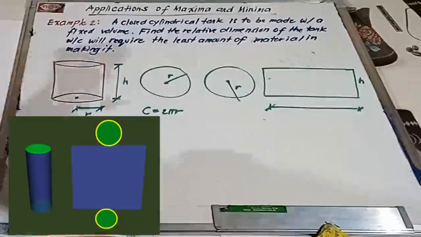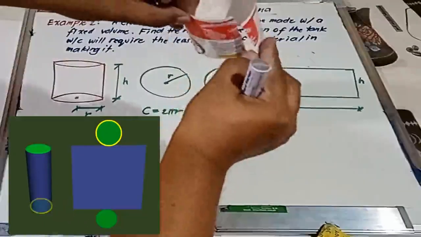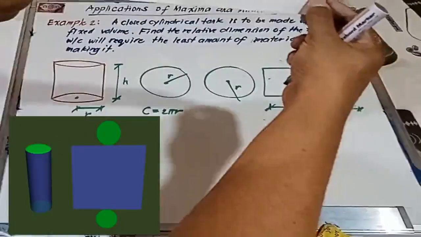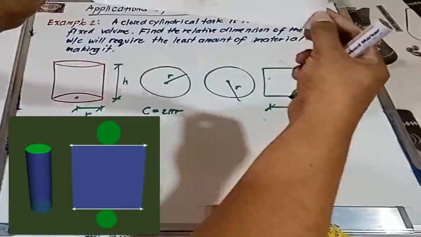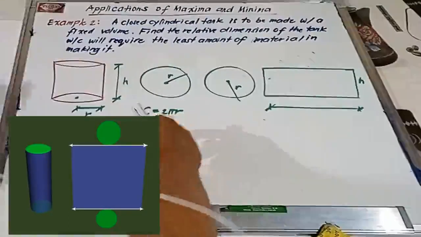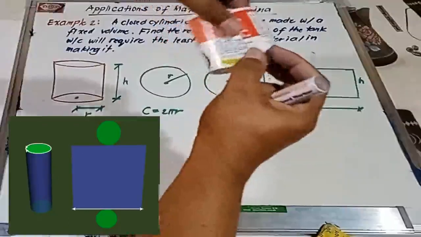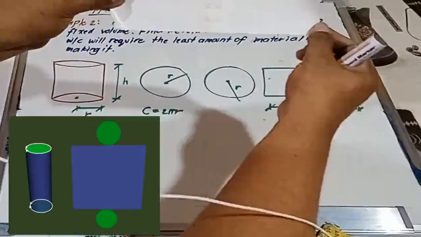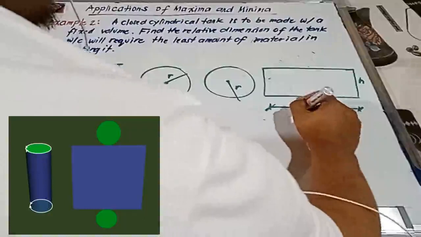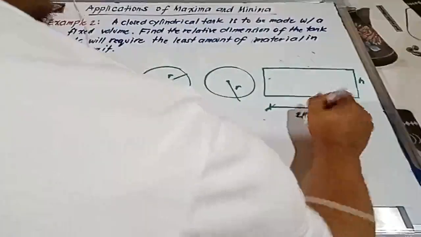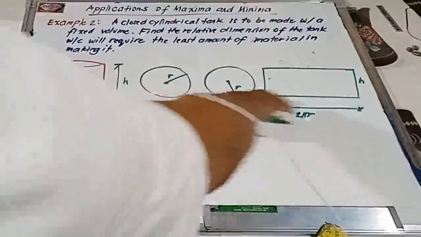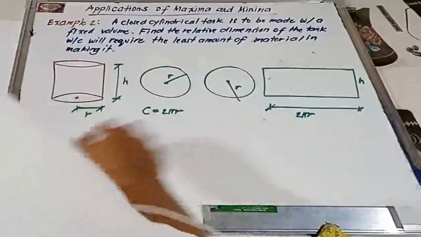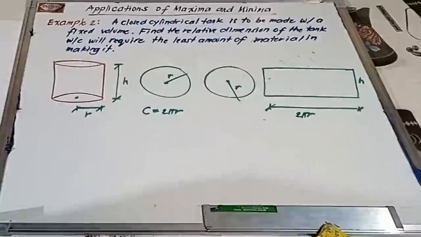So, pag tinanggal mo yung pagkakabilog niya, magiging siyang length, yung ating circumference. So, therefore, yung circumference nung siya ay bilog, pag nilatag mo siya, magiging siyang length. So, ito ay 2 pi r. Okay. So, ito yung mga materials natin kailangan para makapaggawa tayo ng closed cylindrical tank.